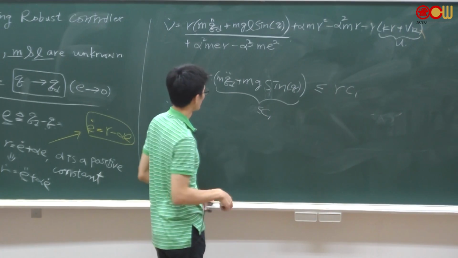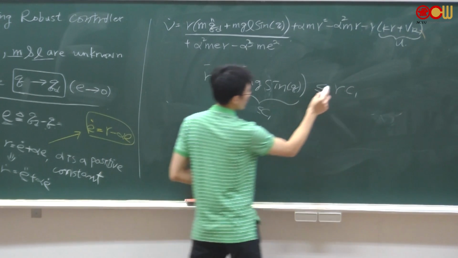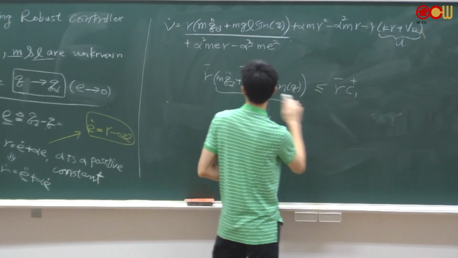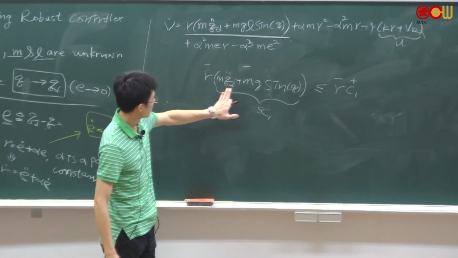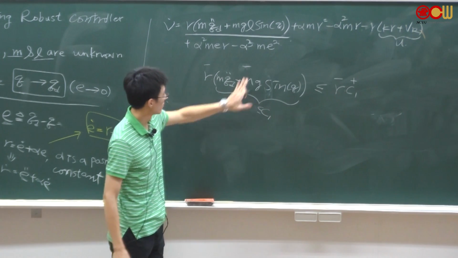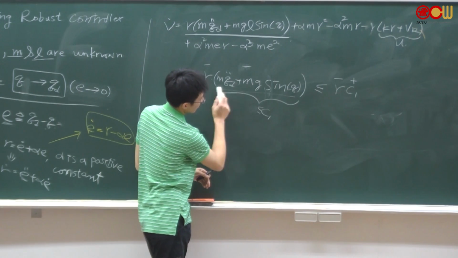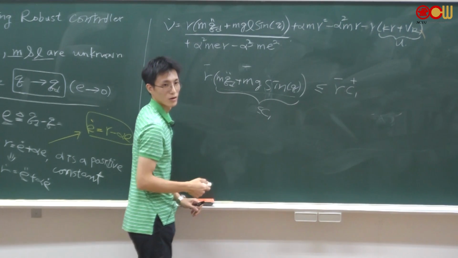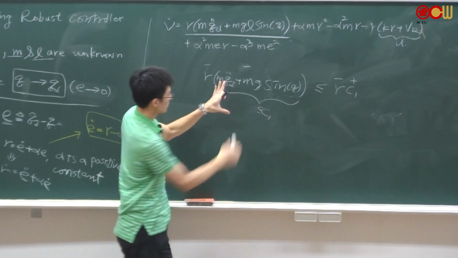Well, I'll give you a counter example. Negative, positive, negative. Sorry, negative. It's unknown, right? If this summation is negative, it is still upper bounded by C1, which is positive. That's correct, this upper bound still holds.